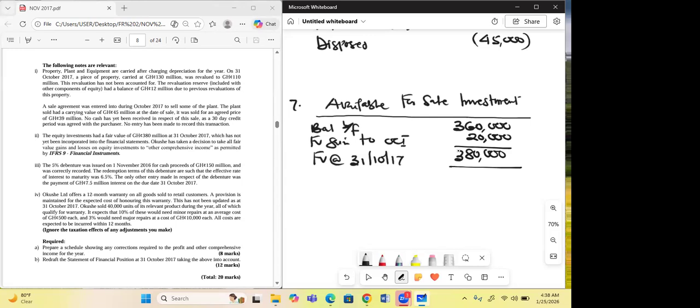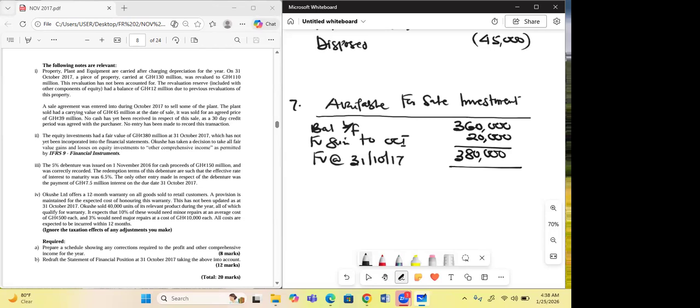However, they are telling you that the person has only recorded the cash of 7.5 million. Because it was a 5% debenture, they have calculated 5% of the 150 million. So calculate 5% of 150,000 and you will see that it gives 7.5. So it means they have only recorded the nominal interest. They haven't recorded the effective interest.